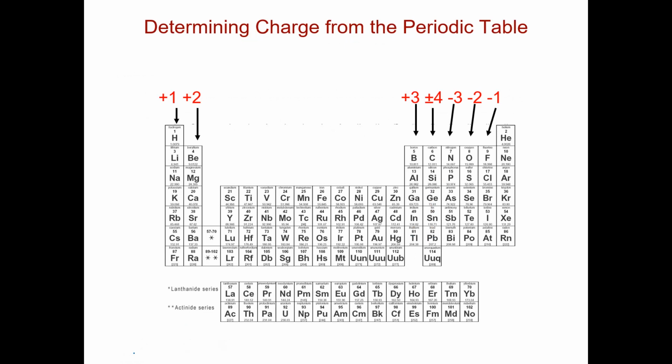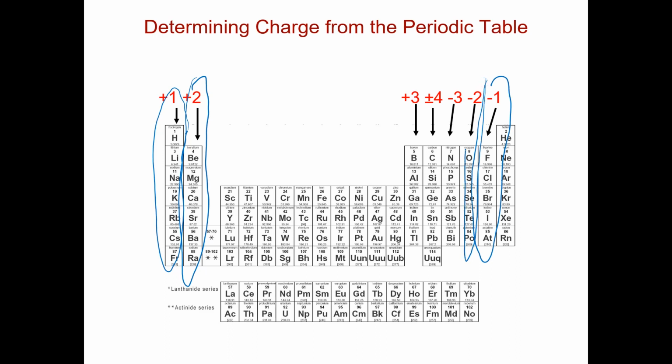So if you think back to the first semester, remember elements in group 1A have a 1 positive charge, elements in group 2A have a 2 positive. If we come over to the halogens, they have a 1 negative. Those in group 16 or 6A have a 2 negative, and so forth.